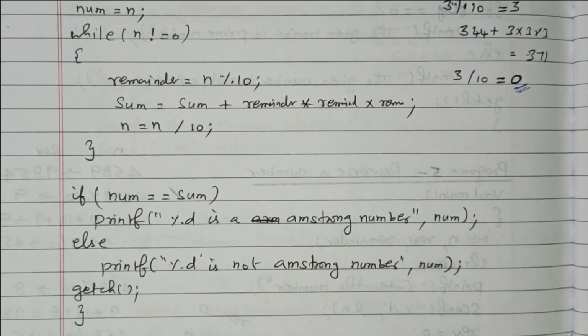We use 3 processes: first find the remainder, second cube the remainder and add it to the variable, then divide the number to reduce the digit. The same process repeats until the number becomes 0, then we stop. The given number is stored in num. Check it with the answer: if both are the same, it is an Armstrong number, otherwise not.